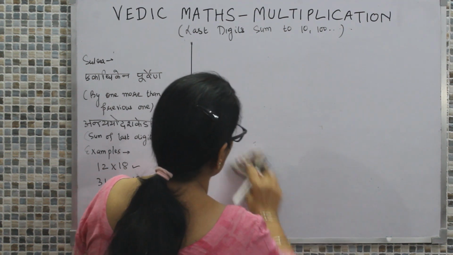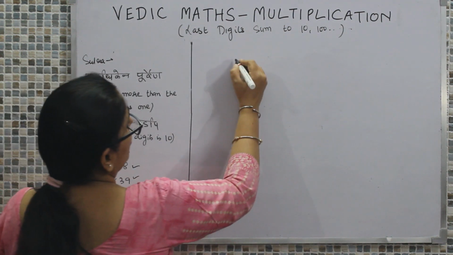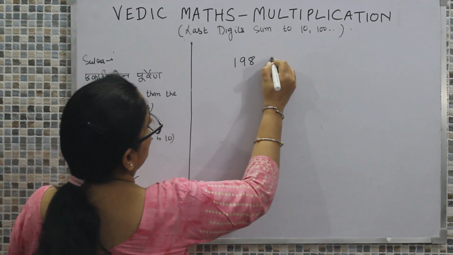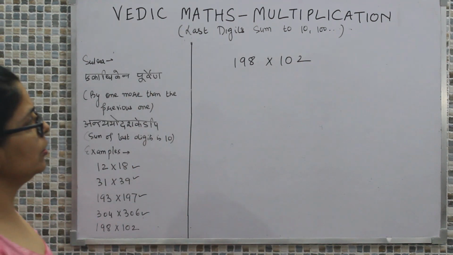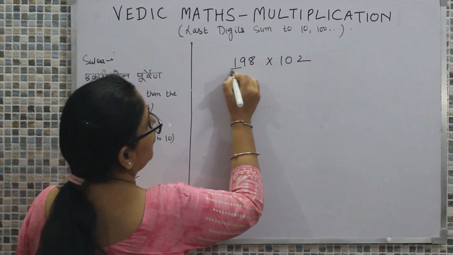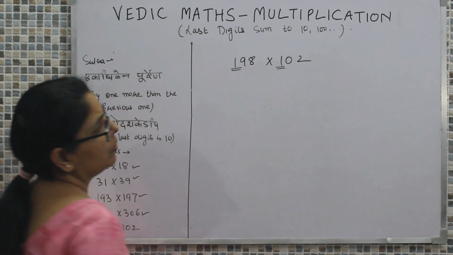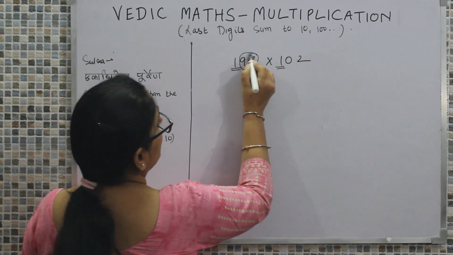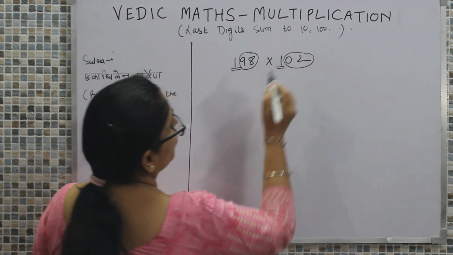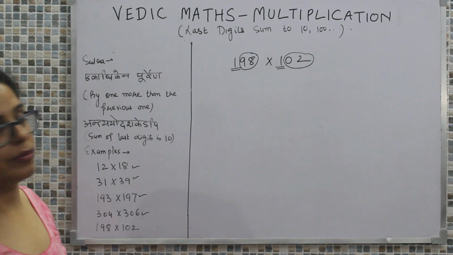Now let's take up the last question. We have 198 into 102. Here, comparing both the values, 1 is the same for both. Second thing, 98 plus 2 will give us 100.